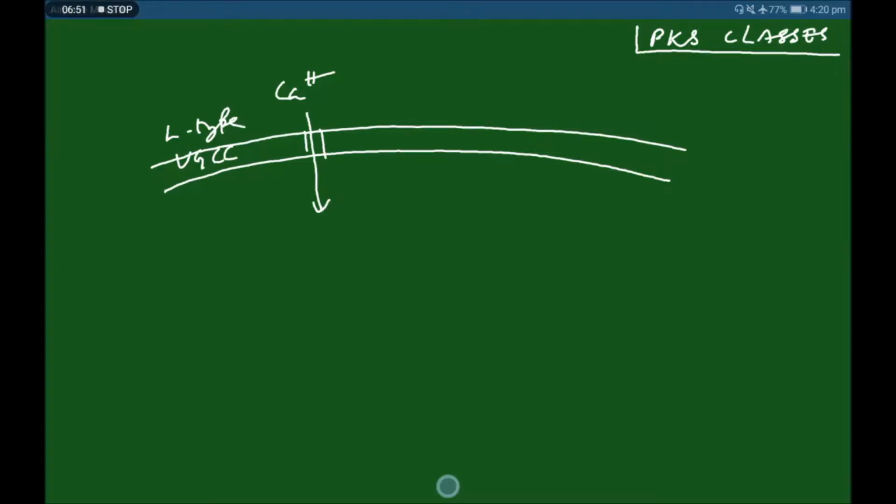So this is outside and this is inside, and this calcium is required for contraction of the cardiac muscle. So contraction of cardiac muscle is caused by your calcium.